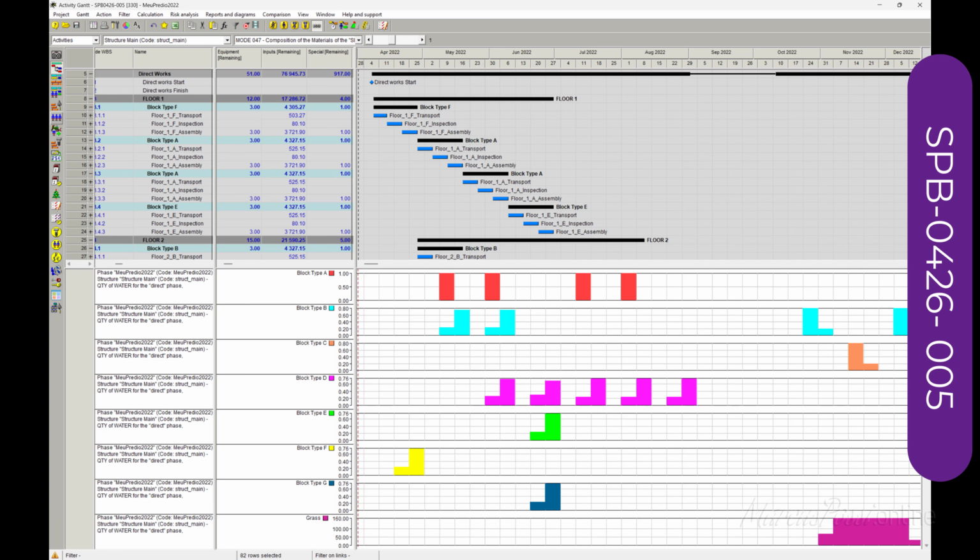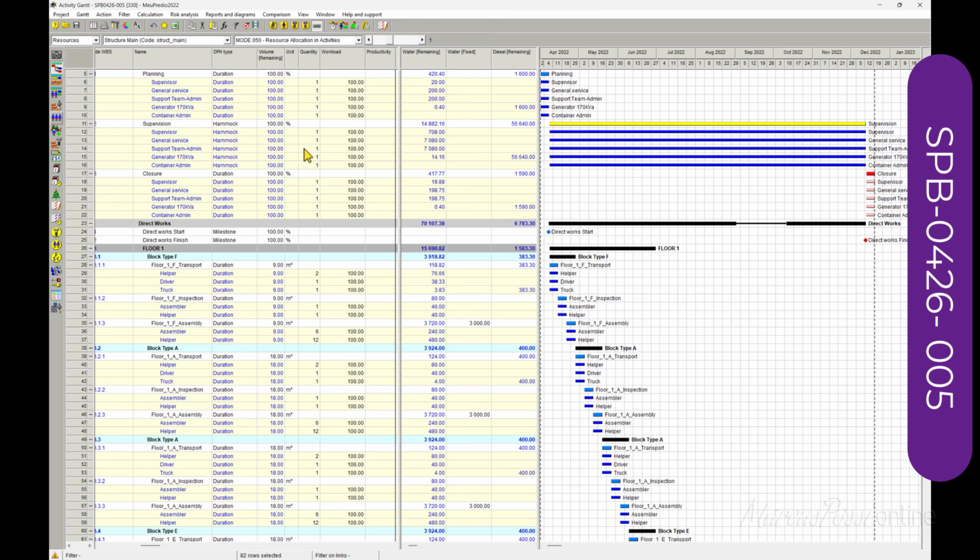We were on part 3 or 4, and we are still in part 3 or 4. Layout 50. What does it mean? Resource allocation on activities. You could allocate people to work in each activity: helper, driver, truck.